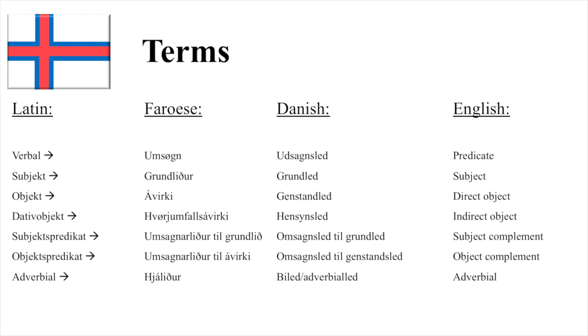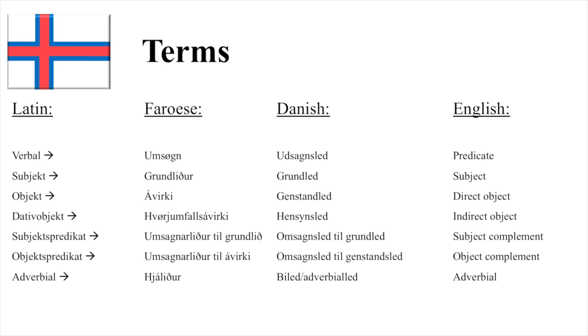In Latin, we have verbal, subject, object, dative object, subjects predicate, objects predicate, and adverbial. And in Faroese we have omsøgn, grunnlig, avvirke, hverjumfallsavvirke, omsøgnalite grunnlig, omsøgnalite avvirke, and tjalir.